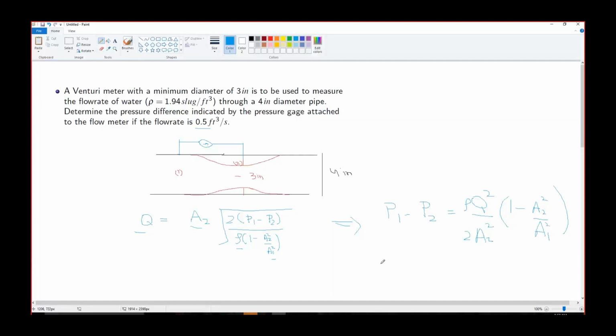Clear? So you can just simply plug in the values and get the required answer. Is it clear how you'll solve this problem? Yes, we'll just simply plug in the values and calculate the answer.